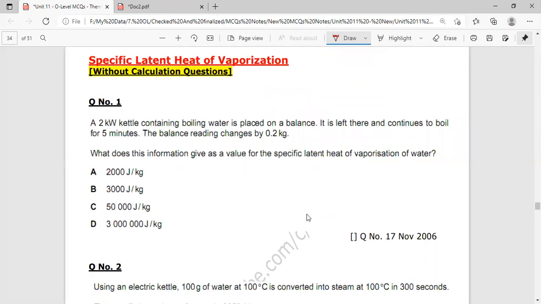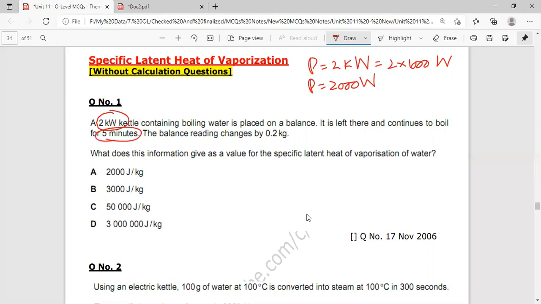A 2 kilowatt kettle, power is given as 2 kilowatt. We have to convert it into watt. 2 into 1000 is equal to 2000 watt. It continues to boil for 5 minutes.